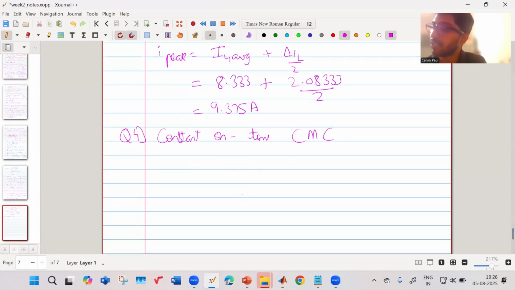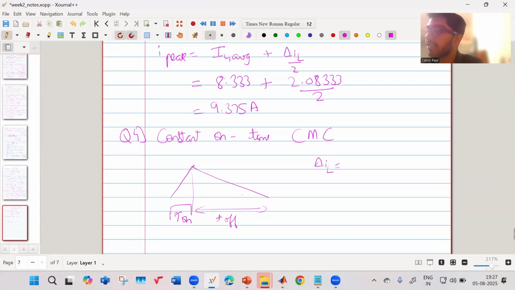In this case, what happens is this time T on is fixed. This time T off will get adjusted depending on my input, output, load, all that. T off will get adjusted, but my on time is fixed. Okay. So what do we have?